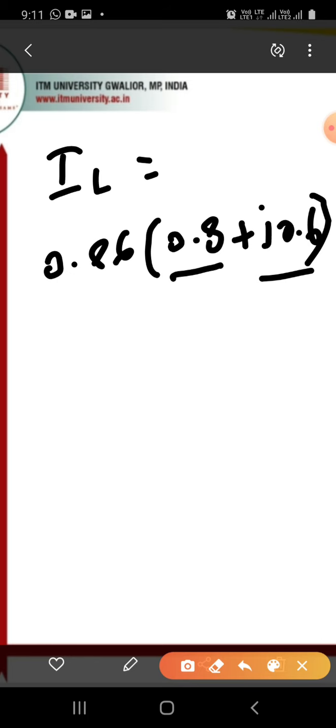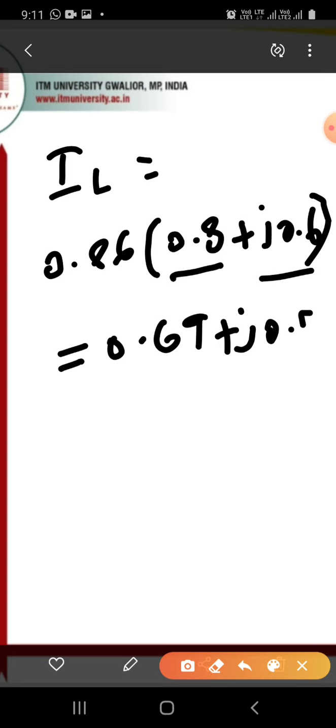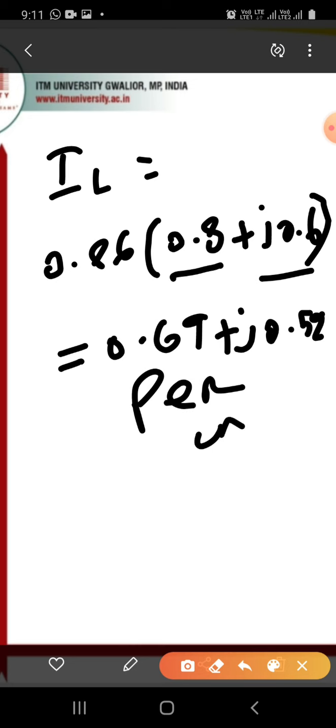So I can write IL as 0.69, our cosine component, plus j 0.52, our sine component of IL, and this calculation is in per unit.